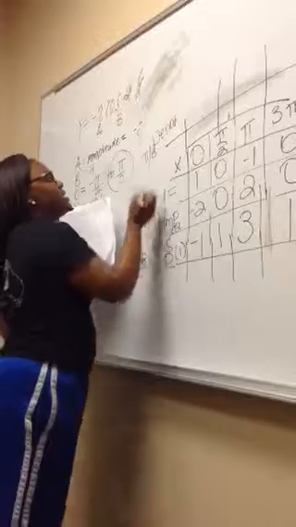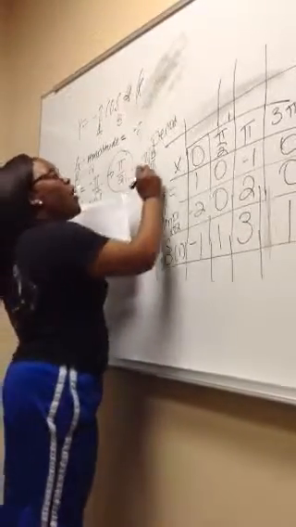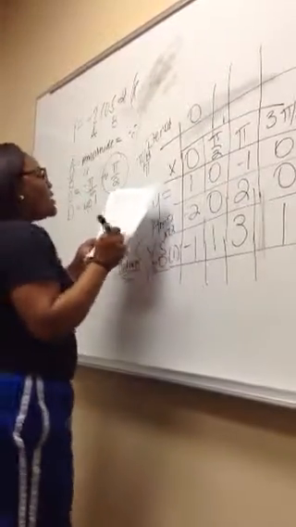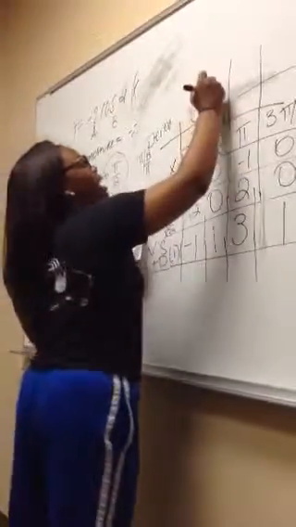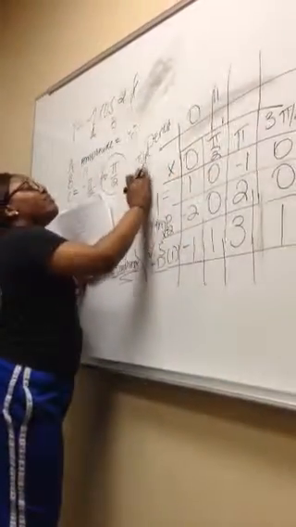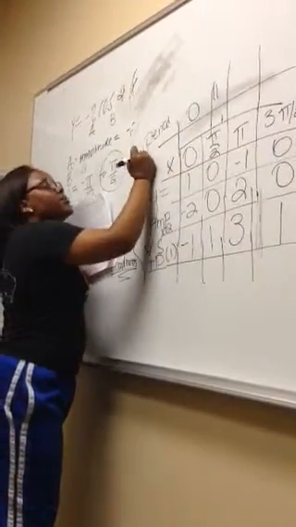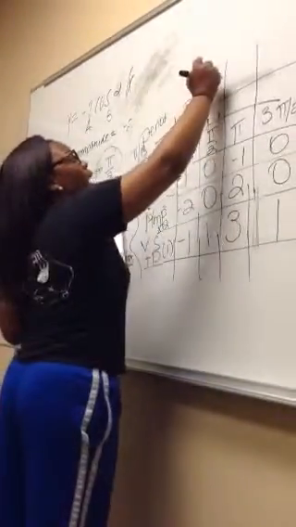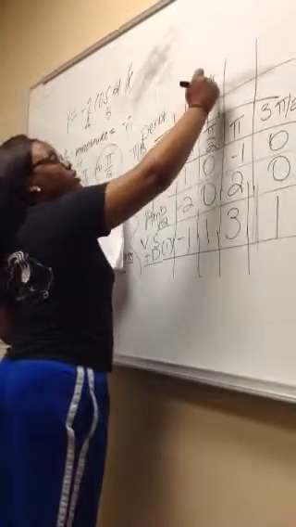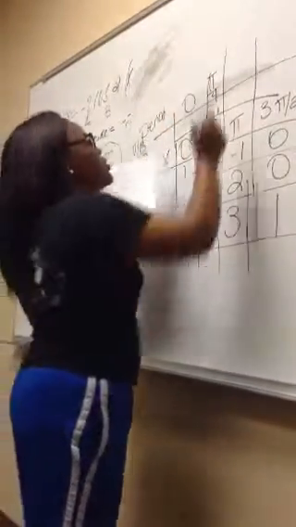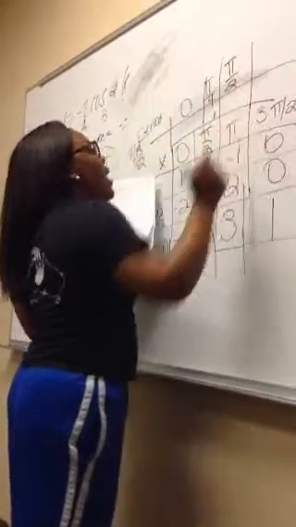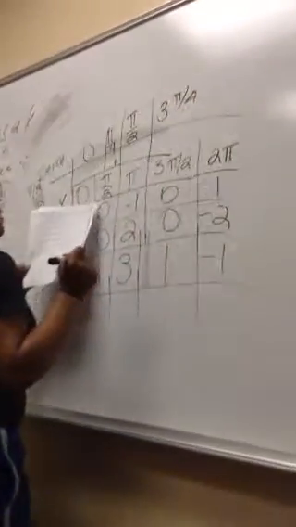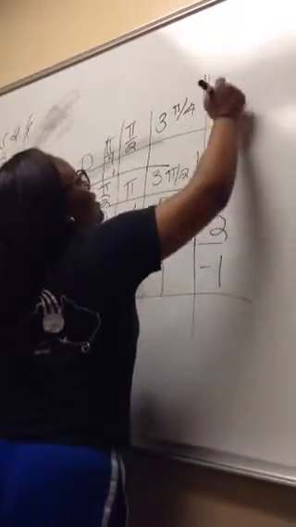So you divide your x's by b. B equals 2. So 0 divided by 2 is 0. Pi over 2 divided by 2 is pi over 4. Pi divided by 2 is pi over 2. 3 pi over 2 divided by 2 is 3 pi over 4. And 2 pi divided by 2 is just pi.